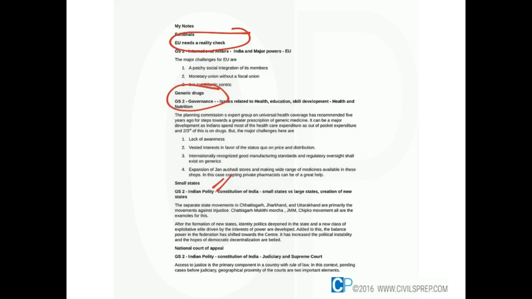Added to that, the states lose financial and other benefits, the bargaining power of the states decreases, and instability is the rule. And the National Court of Appeal provides increased access to justice, decreases the number of cases, and makes the Supreme Court function as a constitutional court.